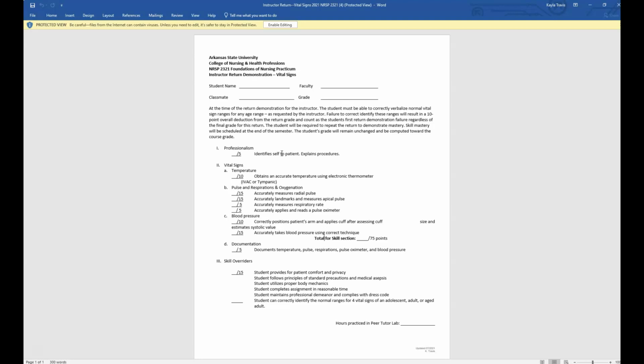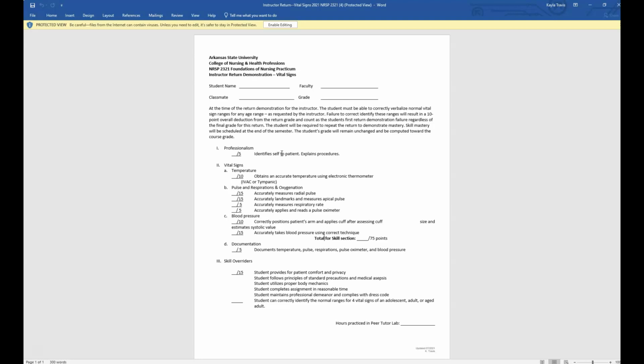If your patient's an adult, which we all are, then how would you lift your pinna? Do you pull it up and back, down and back? How do you position that ear to put in the thermometer? And the most important thing is that you put the thermometer cover on the electronic thermometer.